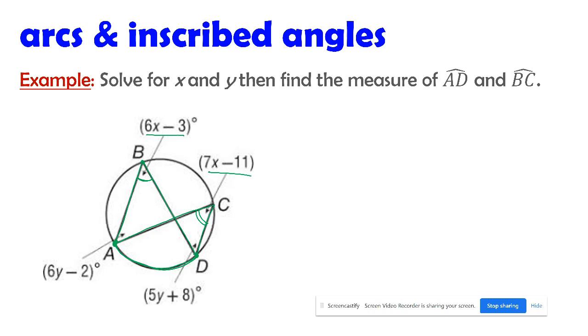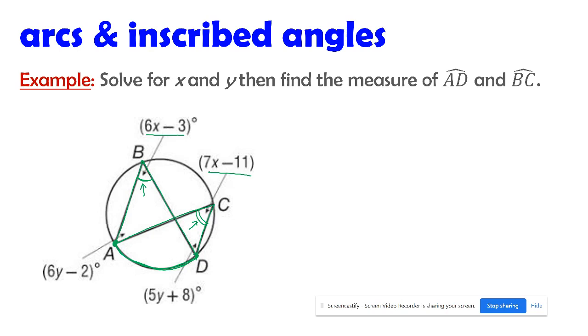Now what we know is the arc AD has to be twice as big as the inscribed angle. So arc AD has to be twice as big as this angle up here at B. It also has to be twice as big as this angle up here at C. And what that tells us is that angle B and angle C have to be exactly the same. They've got to be congruent to each other.